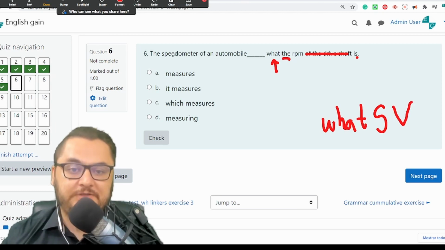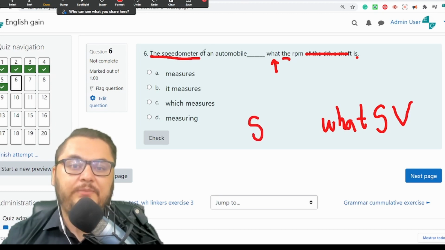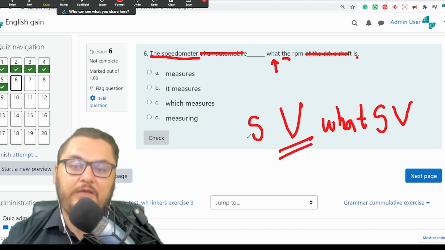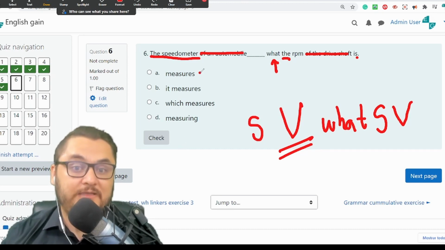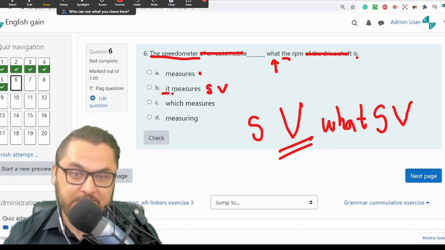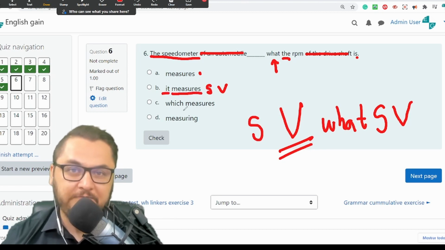Now, in this first part, I have the speedometer, meaning the subject, and a preposition. I can eliminate this information. So I might be needing a verb, subject verb, what subject verb. You might remember that rule. Option A is a verb. Option B is a subject and a verb. This is a subject and this is a verb, which is why it is not what I'm looking for.